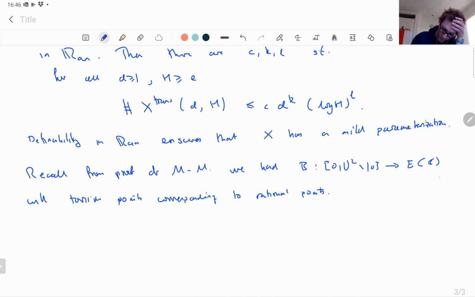So I can think of this as living in C^2, because I'll take away the origin. And then B has coordinates B1, B2.